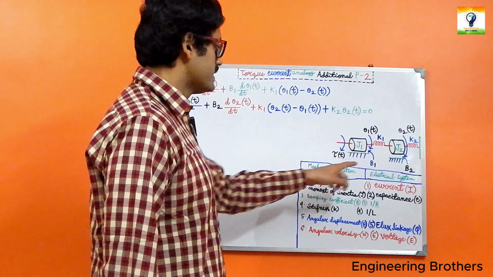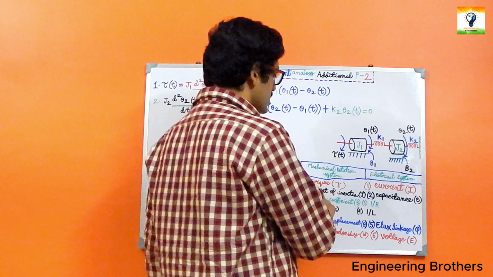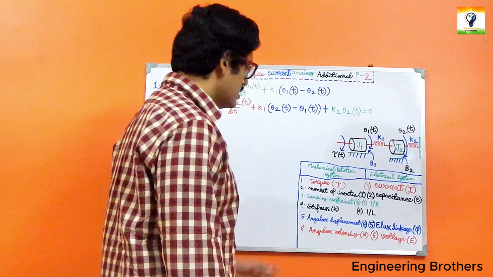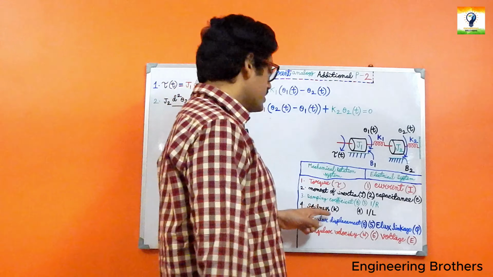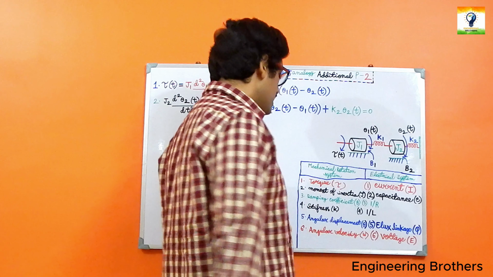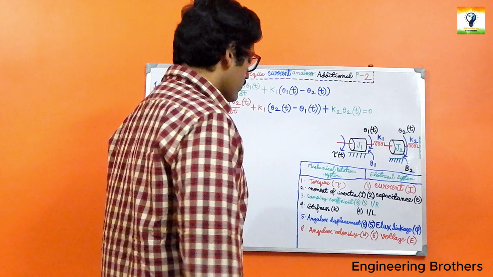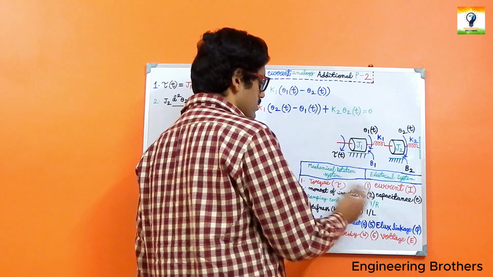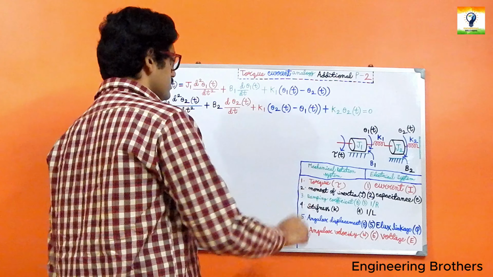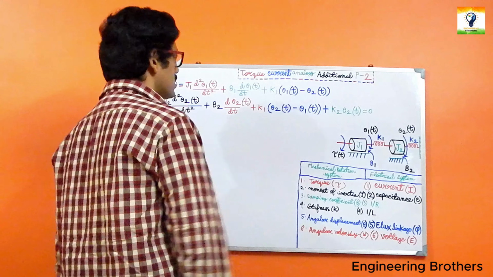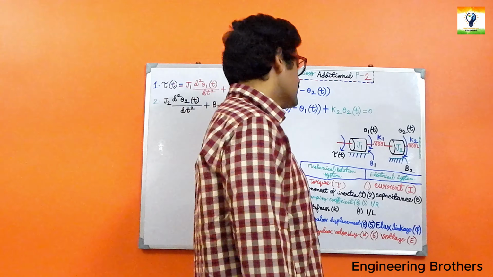So the torque will be interchanged with the current I, the moment of inertia with the capacitor, the damping coefficient with 1 by R, the stiffness with 1 by L, angular displacement with flux linkage, and of course the last one, the angular velocity, will be interchanged with voltage. So these are the considerations for our torque current analogy problem 2, or additional problem 2.